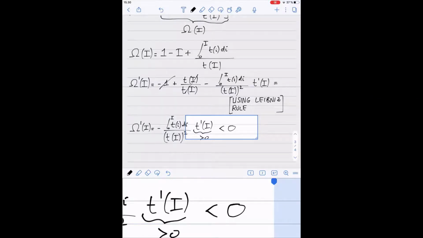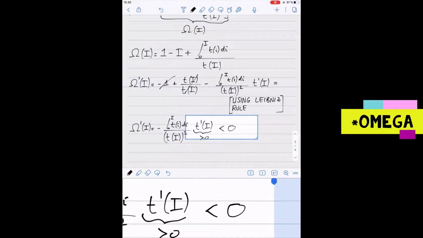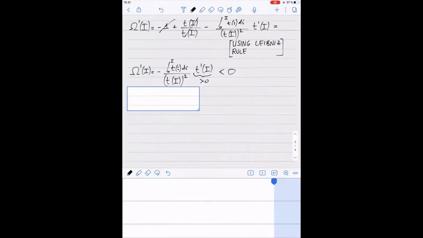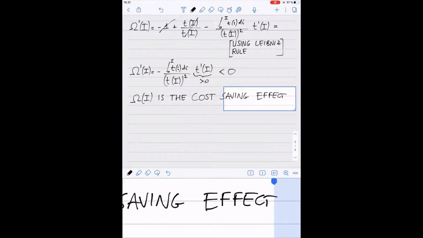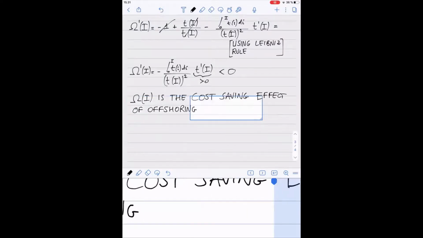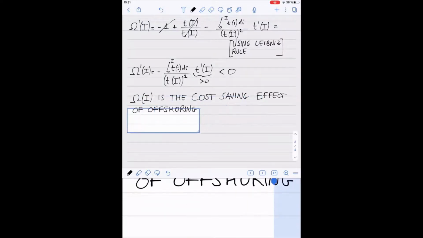All right, so what is this capital omega term? The omega is the cost-saving effects of offshoring. Right, so this makes sense.